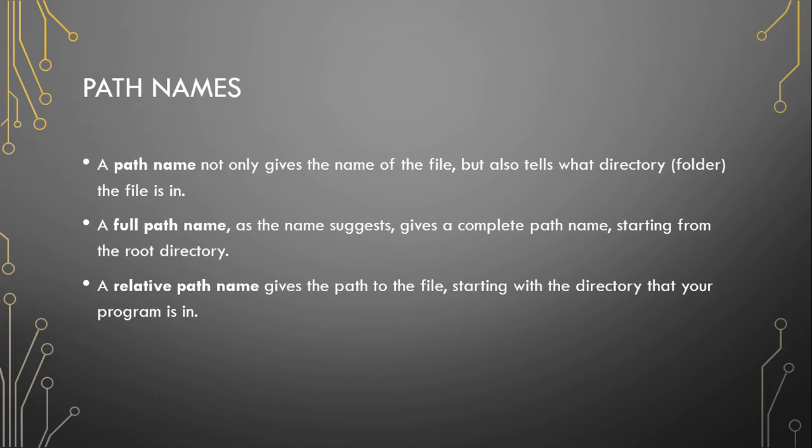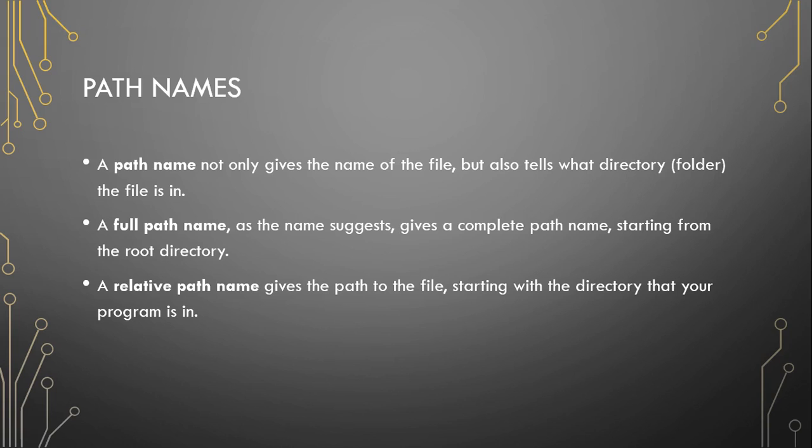So let's say that your program is in a folder called project, and inside of that project folder is a subfolder called text files, and inside that folder would be all the relevant text files that you would need. Maybe that folder is called logs, because a lot of times you do have logs that are generated.